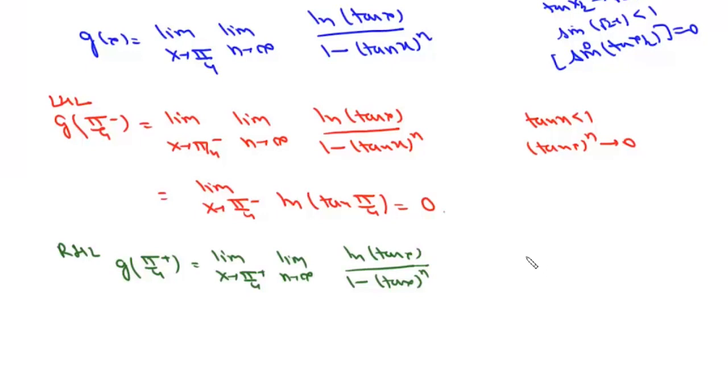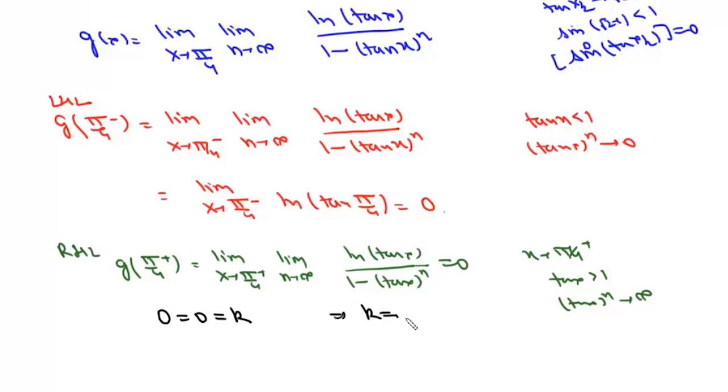Now when x approaches pi by 4 positive, tan x is greater than 1, and in that case (tan x) to the power n will approach infinity, and anything finite upon infinity is 0. So in this case this function will actually be 0. So if g(x) is continuous at pi by 4, then the left limit must be equal to the right limit, and it must be equal to the value at pi by 4. We'll get the value of k as 0. So for this question, the value of k is 0.